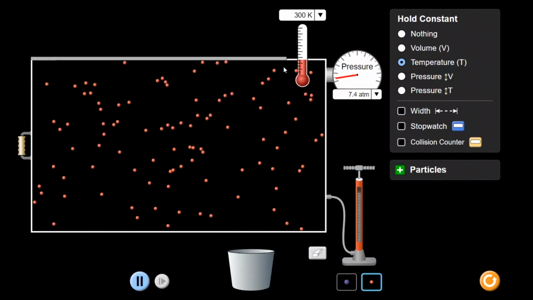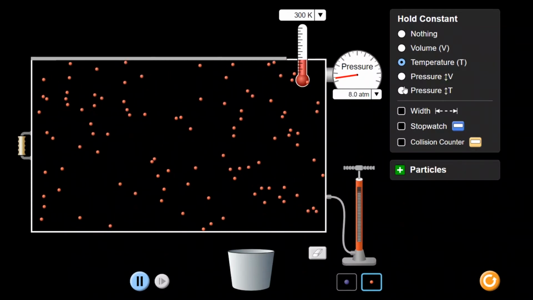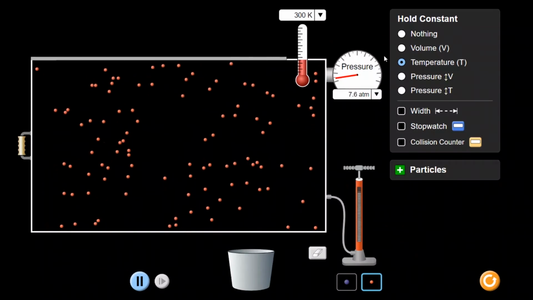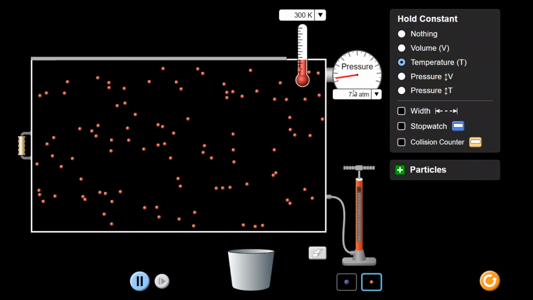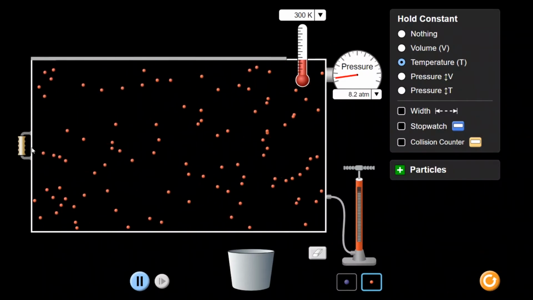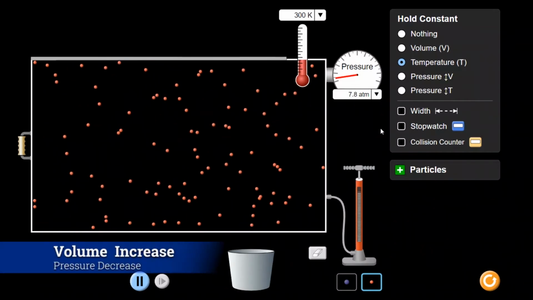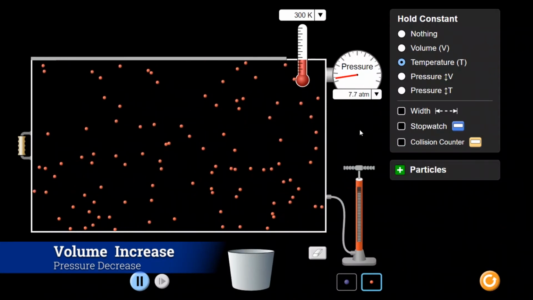What you'll notice is when the box got larger, or the volume got larger, the pressure decreased by almost four and a half points. So as the volume went up, the pressure went down. Volume increased, pressure decreased.